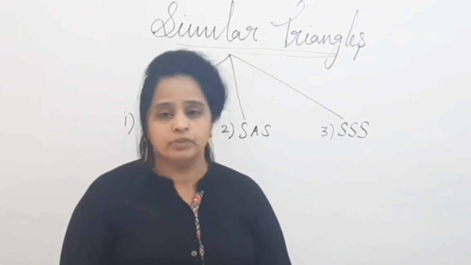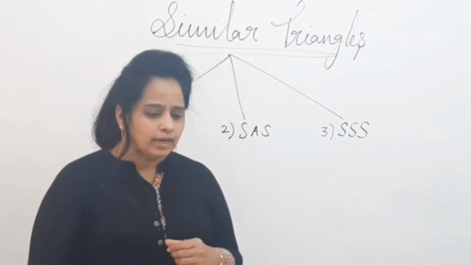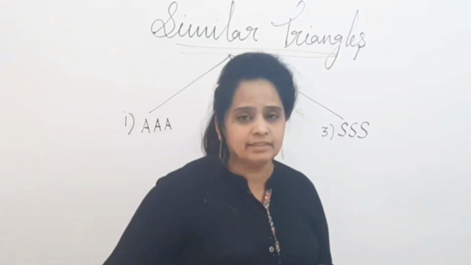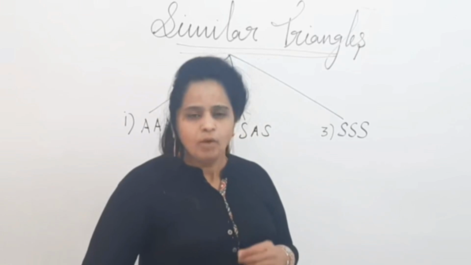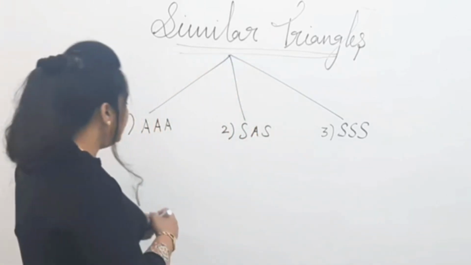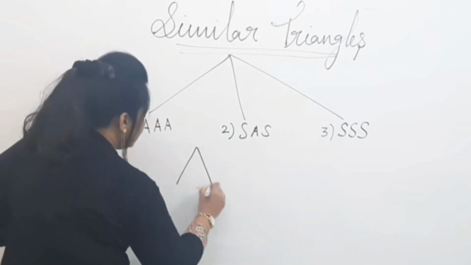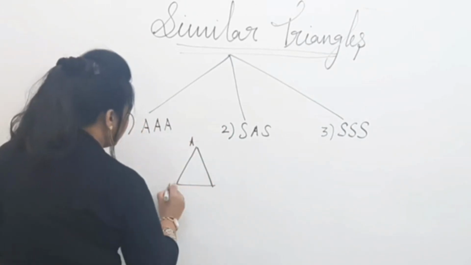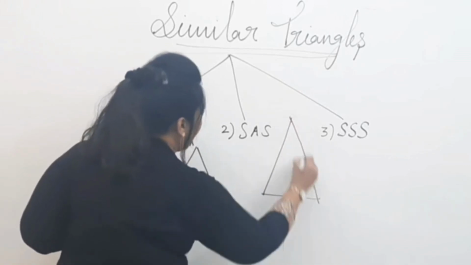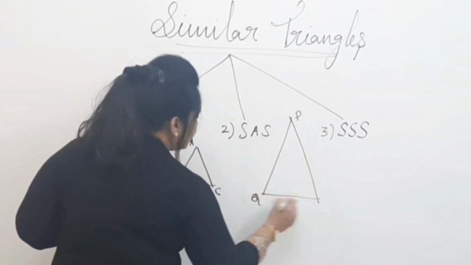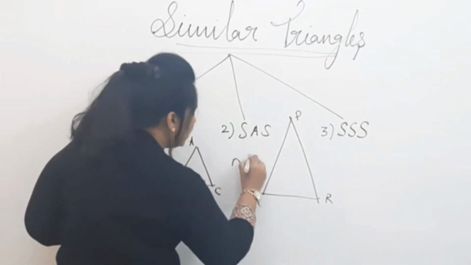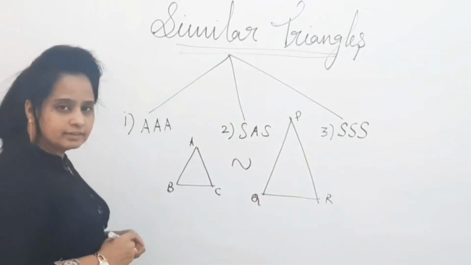Everyone understood up to this? Now children, I would like to remind you of some hints in this chapter. When two triangles are similar, that is, triangle ABC is similar to triangle PQR, we write the similarity symbol like this.